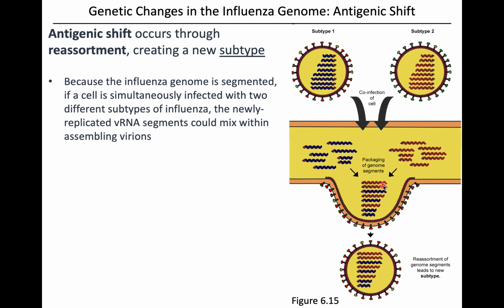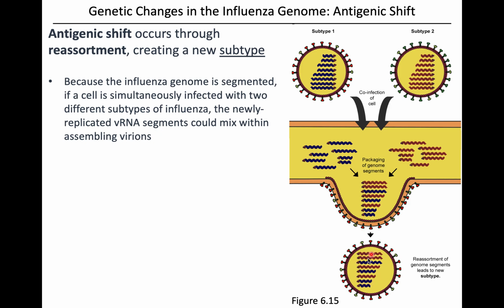Every new virion is going to get one of each genome segment, but because we have two different subtypes in the same cell, we may end up grabbing segments from both of those different subtypes and combining them together, as you see here.